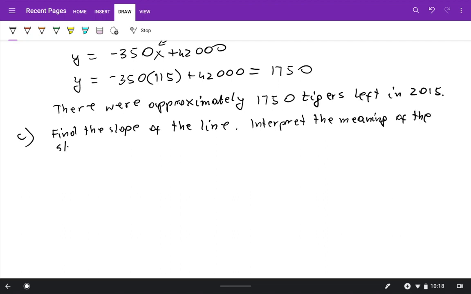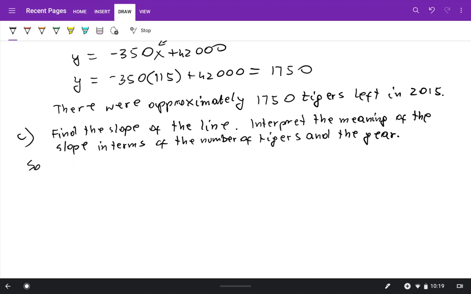So what is the meaning of that slope in terms of the number of tigers and the year? Okay, so let's talk about the solution.